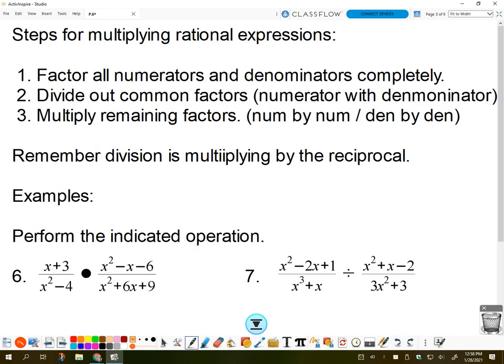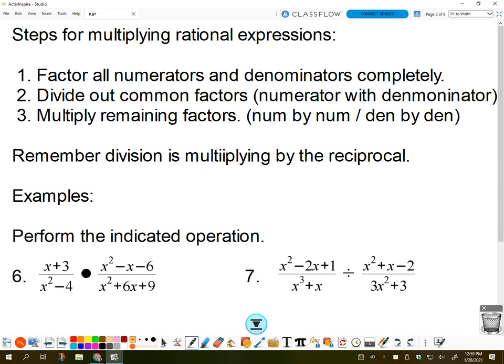Now we want to talk about multiplying and dividing, which is just simplifying but with more pieces. All right, so multiplying and dividing, you're going to factor all of the pieces, so all of the numerators and denominators, divide out common factors, and make sure that you always cancel things out with a numerator and denominator. You have to have a top and a bottom that match.